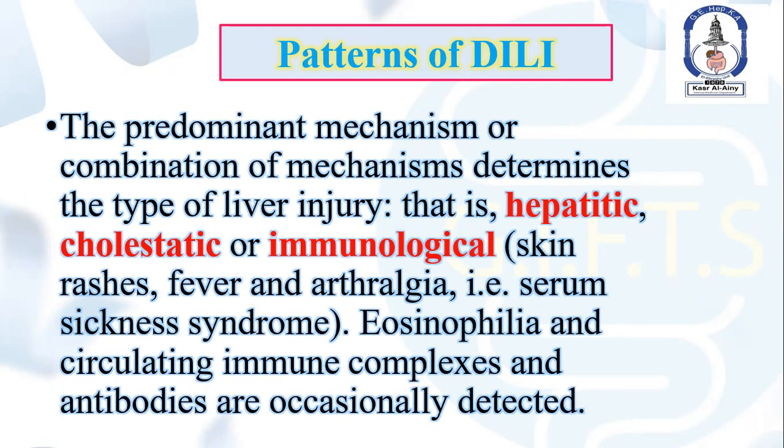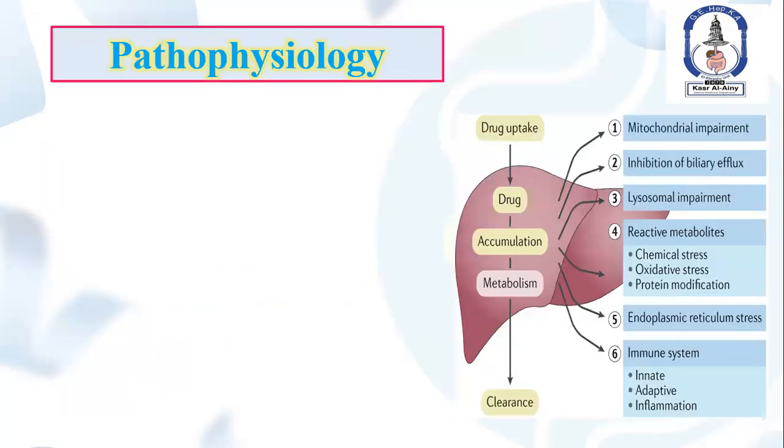Hepatic can present as hepatitis, with elevated liver enzymes, elevated bilirubin, fatigue, and so on. Cholestatic shows markedly elevated bilirubin with mild or minimal elevation of liver enzymes. Or it can be immunological, including skin manifestations, fever, arthralgia, and eosinophilia.